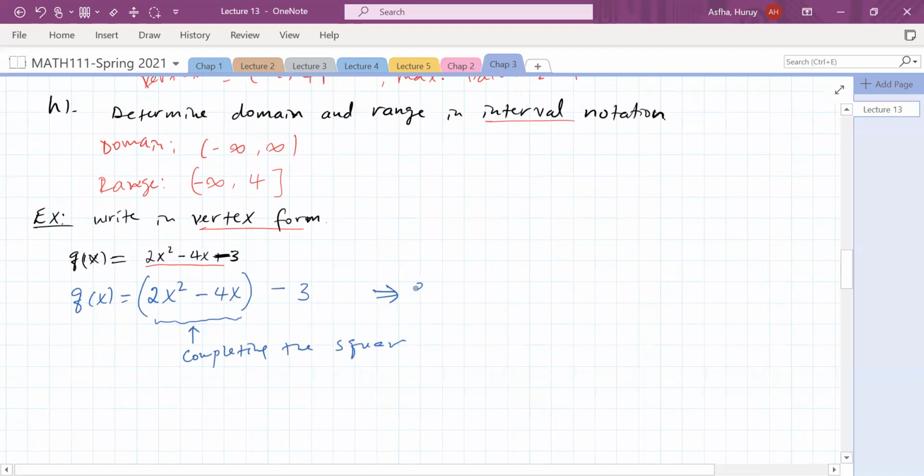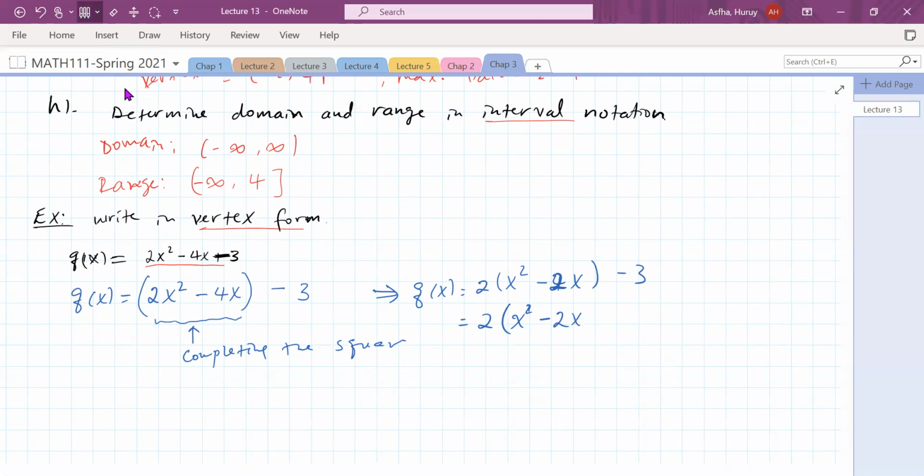So this becomes q(x) equals, let me take out the 2 first, 2 times (x squared minus 2x), minus 3. Now, how do we complete the square of x squared minus 2x?